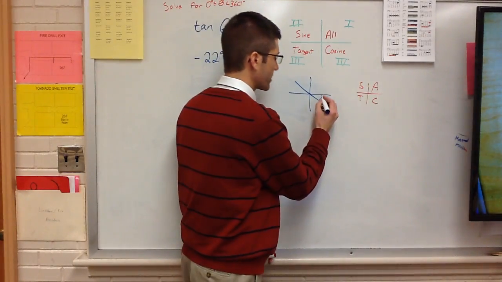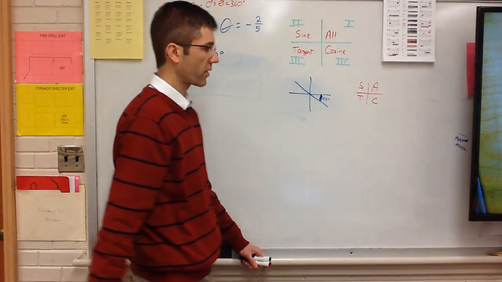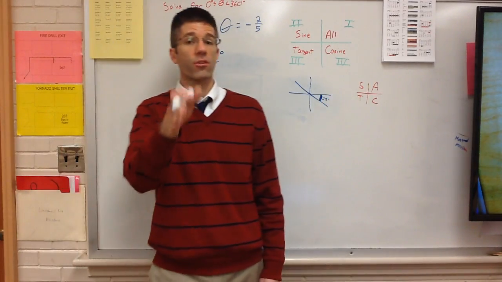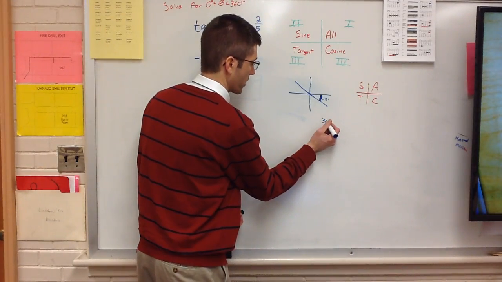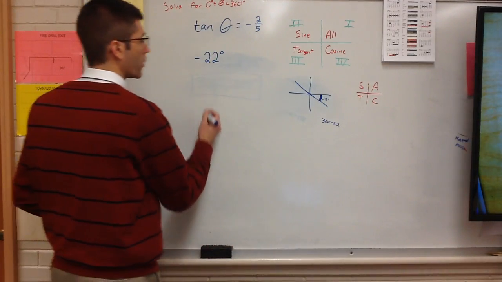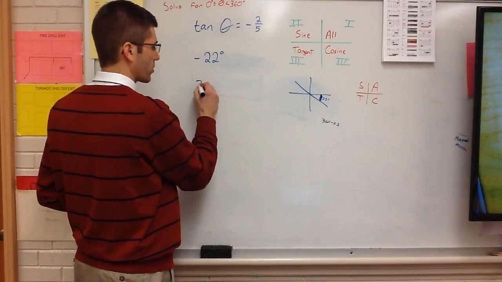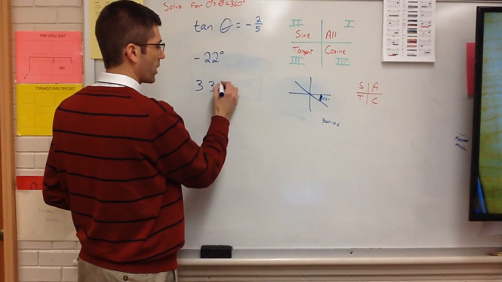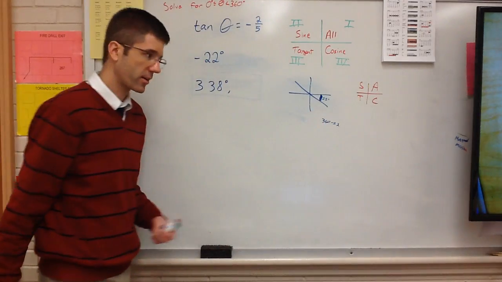We're not going to worry about the sign when we're talking about reference angles. This is a 22 degree angle. Well, it's 22 degrees away from being a full circle. So we do 360 minus 22, and we get our first answer that falls within our constraints, and we have a 338 degree angle. That is 338 degrees.